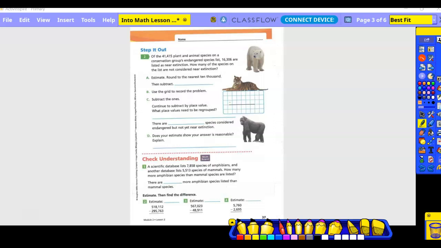Number 2. Of the 41,415 plant and animal species on a conservation group's endangered species list, 16,306 are listed as near extinction. How many of the species on the list are not considered near extinction? So we need to pull out our information. What are we going to circle?